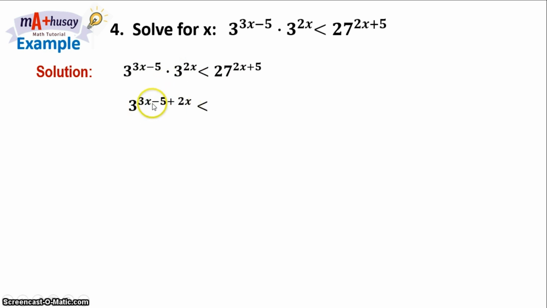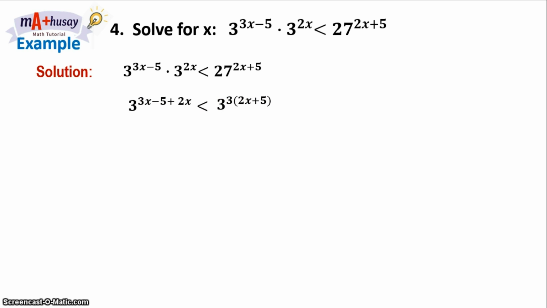So, 3x minus 5 plus 2x. So, sa right side naman ng ating inequality, yung 27 ay pwedeng i-rewrite as 3 cube. So, copying yung exponent na 2x plus 5.